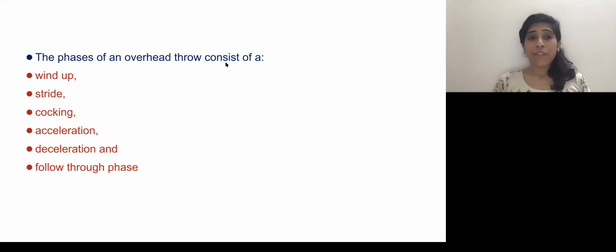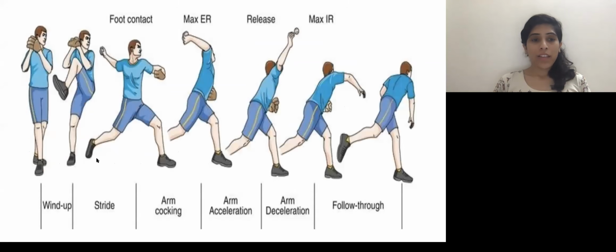So the phases of the overhead throw consist of the wind up phase, stride, cocking, acceleration, deceleration, and follow through phases. So we'll see here, that is the wind up phase. During this wind up phase, there will be adduction and hip flexion movement. Here the upper extremity's role will be less compared to the lower extremity and the trunk.